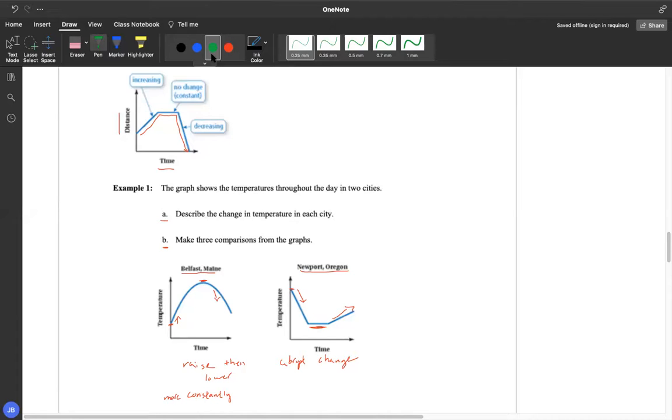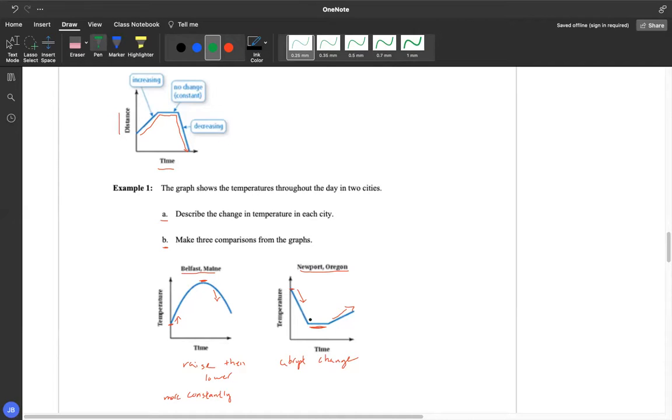That's what that means. It hits a point and then the slope changes. Versus this one, it's an increase and then it slowly is getting smaller, and then 0 and then lower. But Maine is always changing, but Oregon sometimes isn't changing.